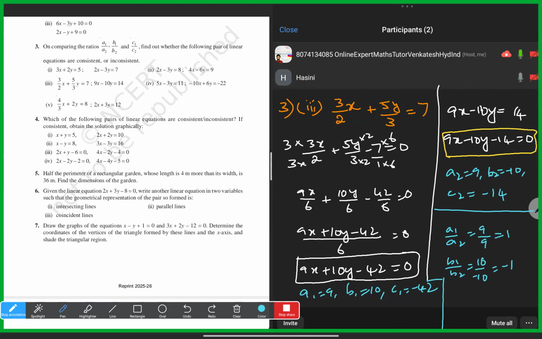So A1 by A2 is not equal to B1 by B2. So there is no need of checking C1 by C2. Once A1 by A2 is not equal to B1 by B2, no need of checking C1 by C2, because these lines will become intersecting.